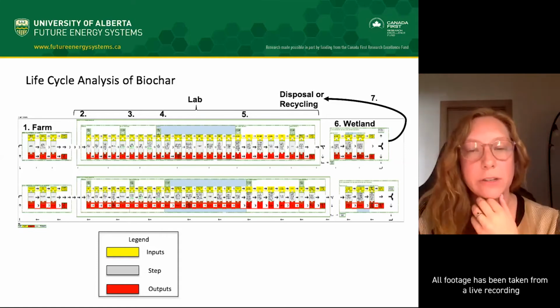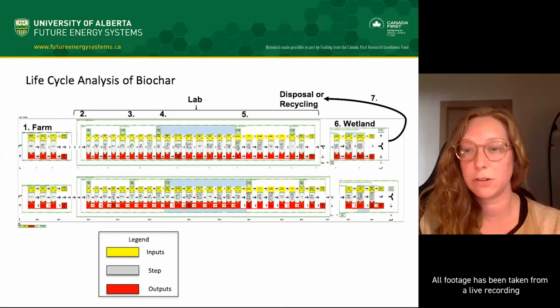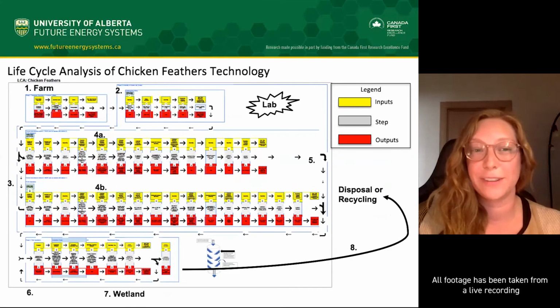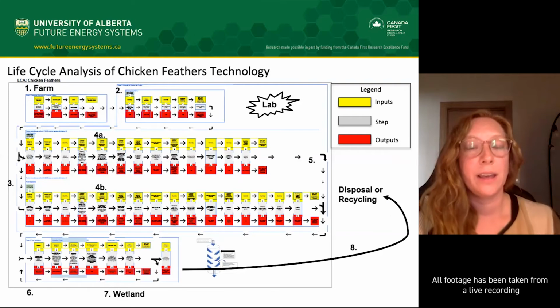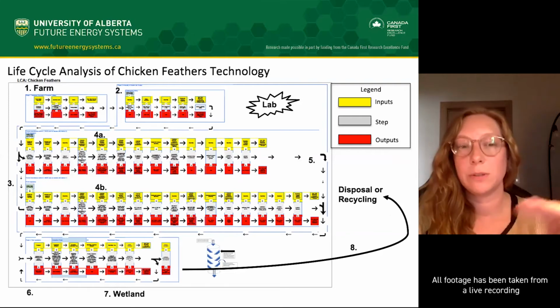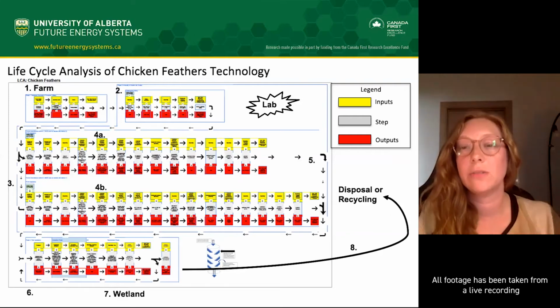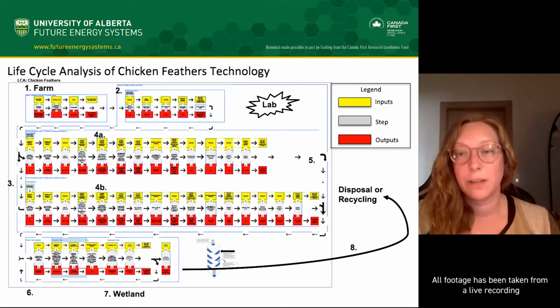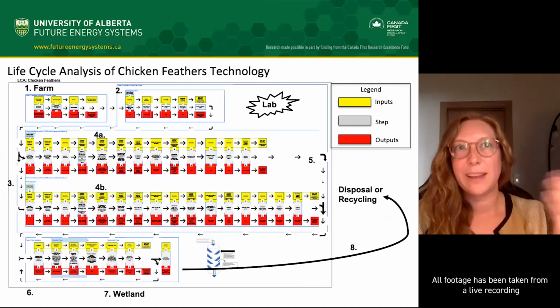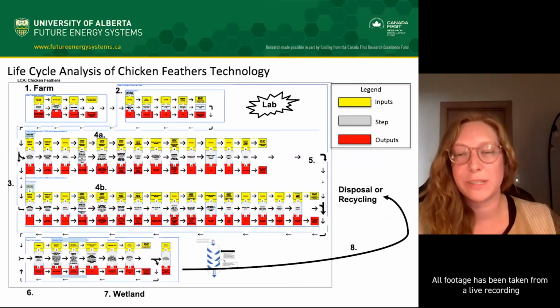So here, like I mentioned, there are 7 steps for the biochar, but for the chicken feathers technology, we have even more steps, including, for example, in this one, steps 4A and 4B are 2 different possible processing techniques, which have different input and output characteristics or materials that will be used and then come out of it.